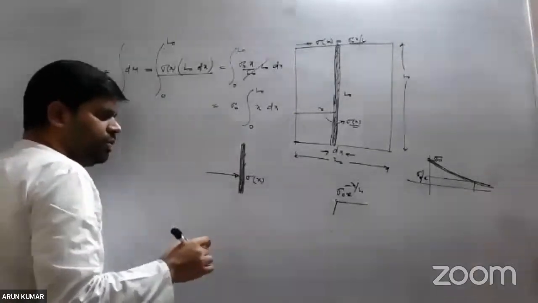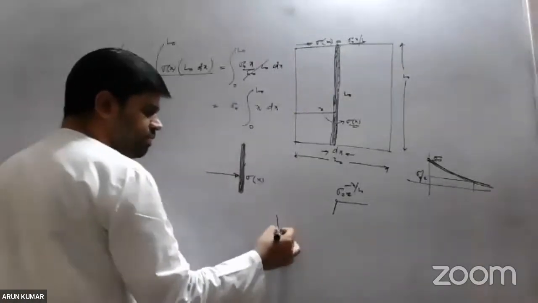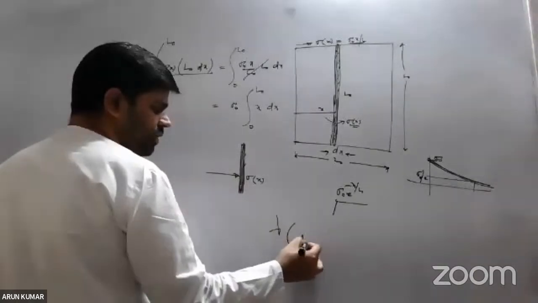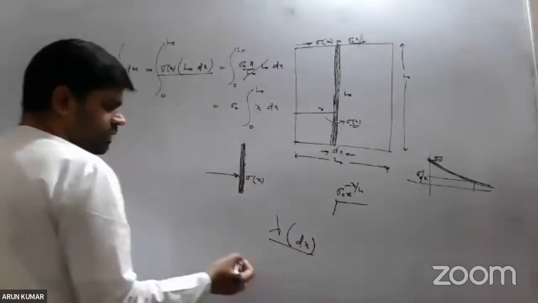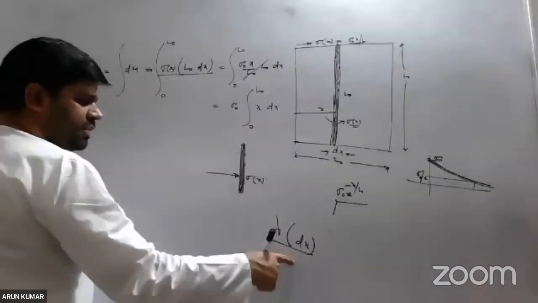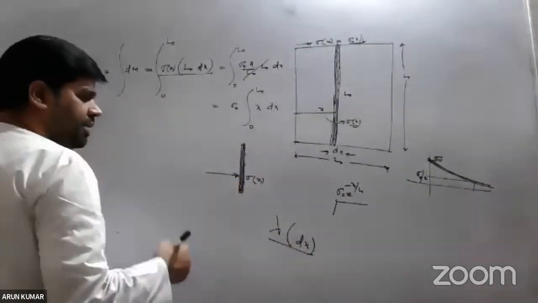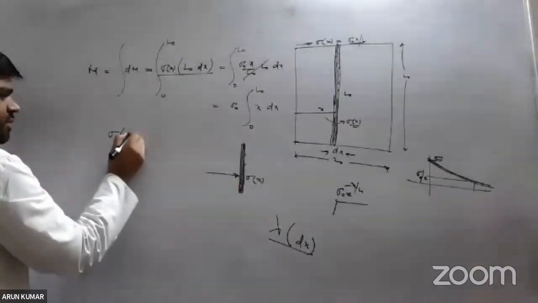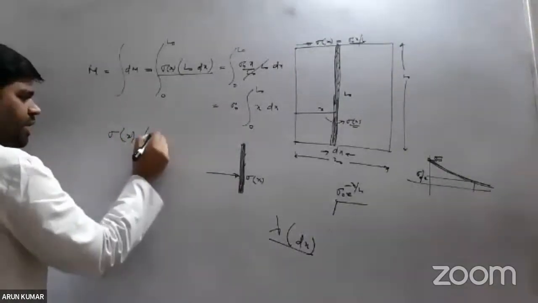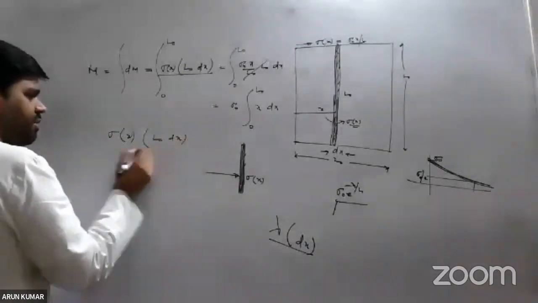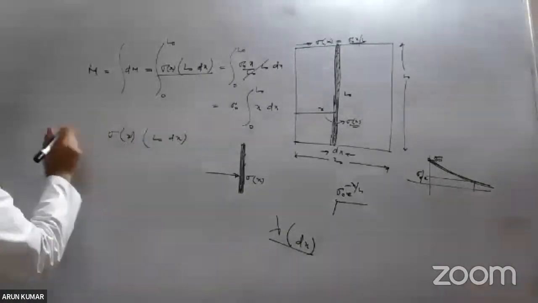When lambda is constant, what is my mass? Linear mass density into length. Linear density into length is my mass. Areal mass density into area is my mass. So sigma of x, the surface mass density, into area L naught dx is my mass, the element dm.